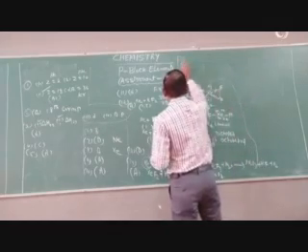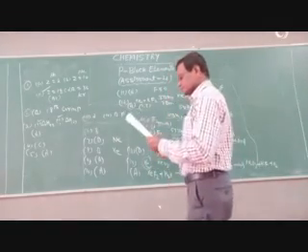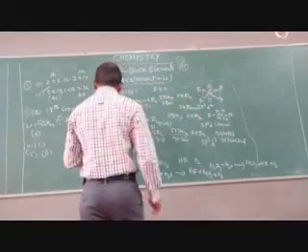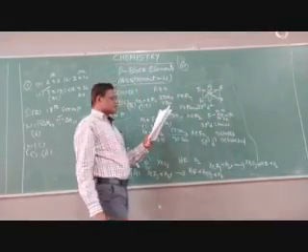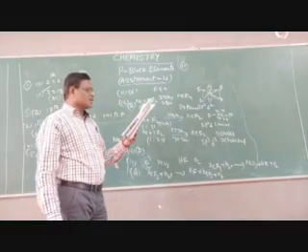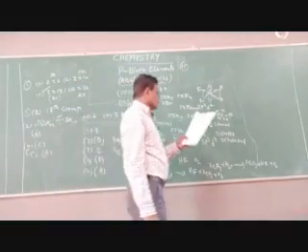Next, children, question number 15. Which one of the following reactions of xenon compounds is not feasible?